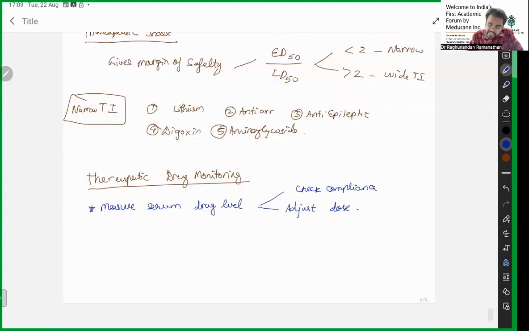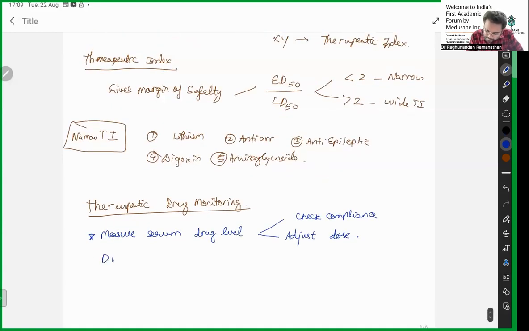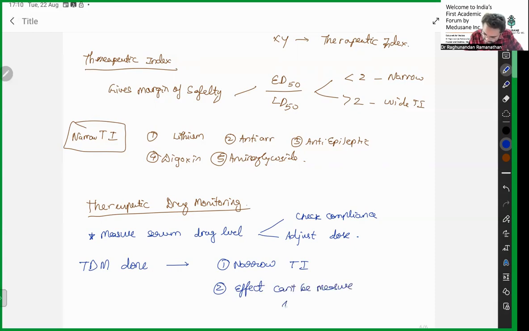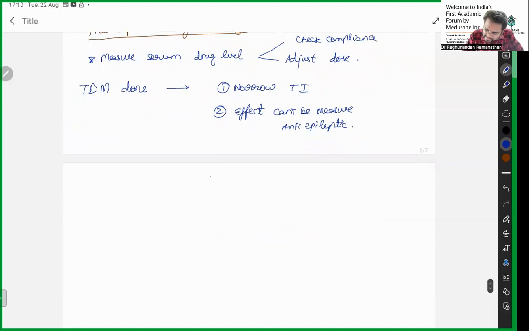TDM is done when there is a narrow therapeutic index. Second, where the effect can't be measured, for example anti-epileptics. One example alone I will write here; if you have listened already, you know the other examples.